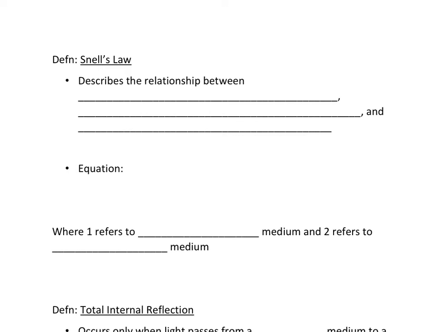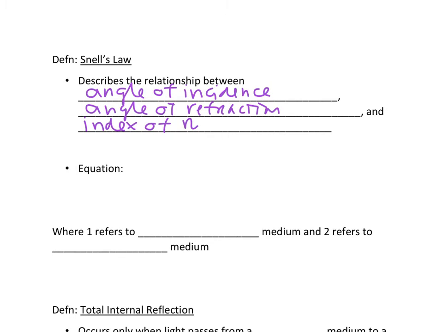Okay, so now we're up to Snell's Law. What Snell's Law does is describe the relationship between the angle of incidence, the angle of refraction, and the index of refraction.